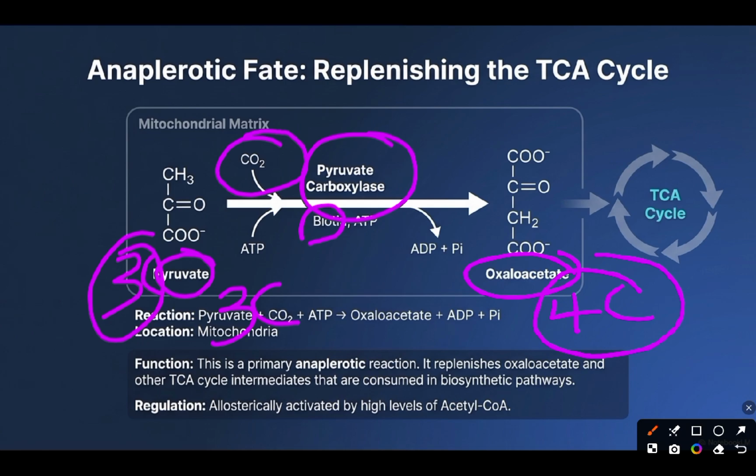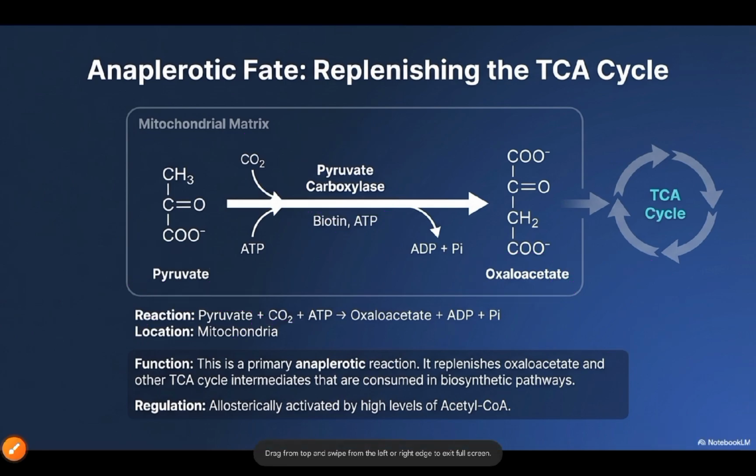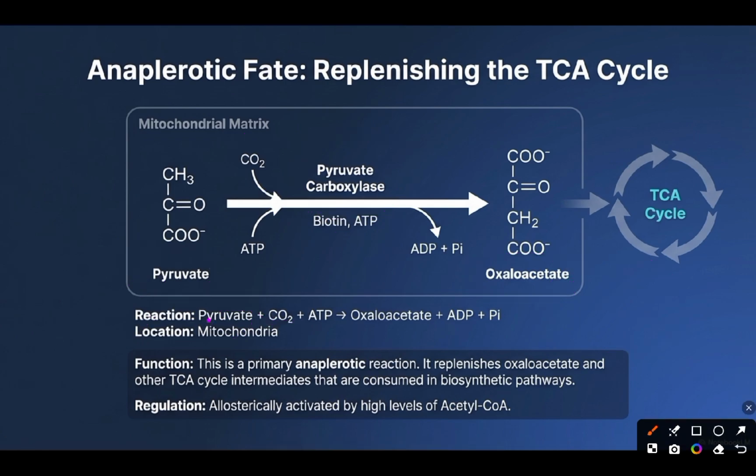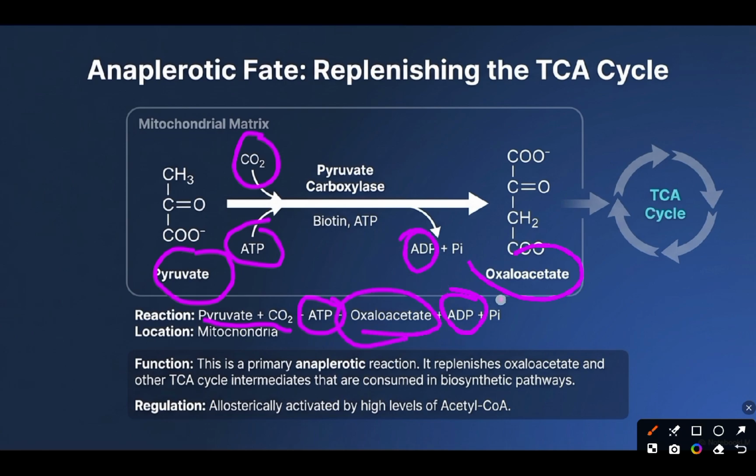Now we are carboxylating pyruvate, which is a 3-carbon molecule, to form oxaloacetate, a 4-carbon molecule, which goes to the Krebs cycle to produce energy or undergo many processes depending on what your body needs. So the equation you have to take home is pyruvate reacts with carbon dioxide plus ATP to form oxaloacetate, ADP, and phosphate. That is what you have to have in mind. Once you have the equation, you can go ahead and draw the molecules.